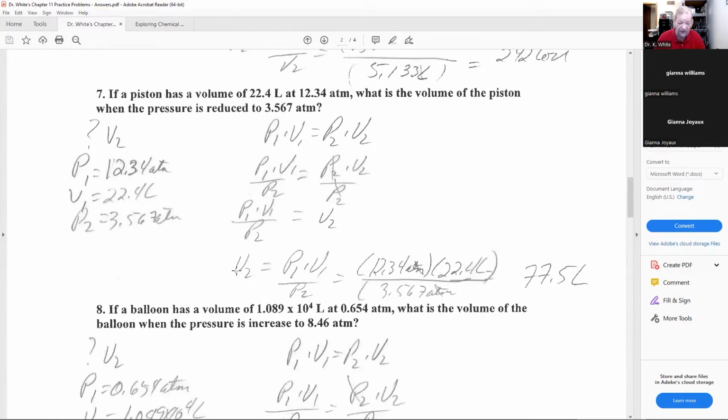You don't have to, but I do, because I like to do it. In good practice, I don't change. All right, V2 equals P1 times V1 divided by P2. We took the time to figure that out initially, what P1 is, V1, and V2, P2, and 4, 3, 4 significant figures. My answer is that.